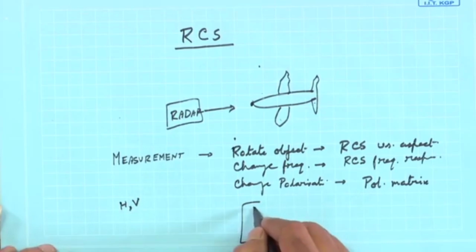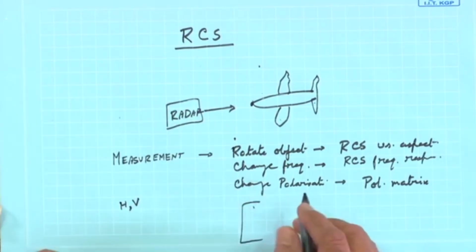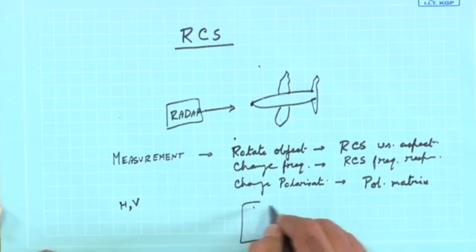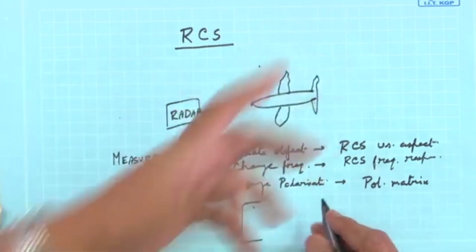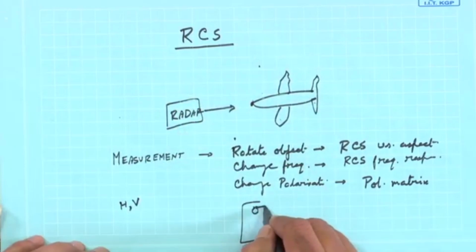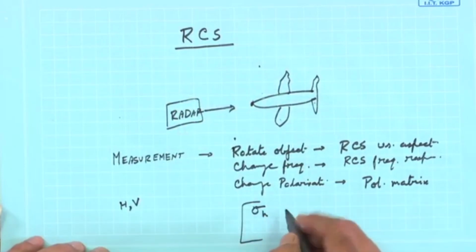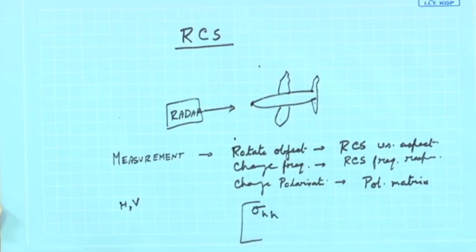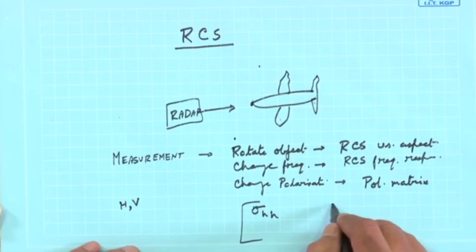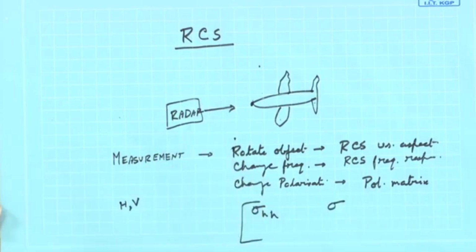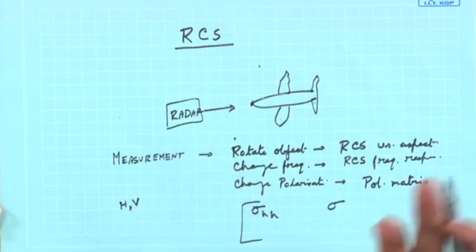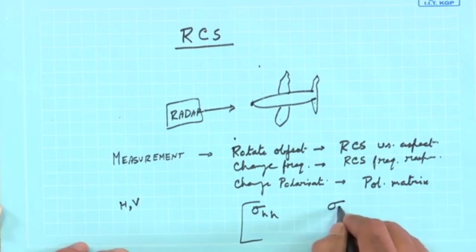Suppose the incident wave, that means the transmitting antenna, has horizontal polarization and the receiving antenna also has horizontal polarization, then the RCS will be called sigma HH. Now, let us say the transmitting antenna polarization is H, but the receiving antenna polarization is V. So, it will be sigma HV.